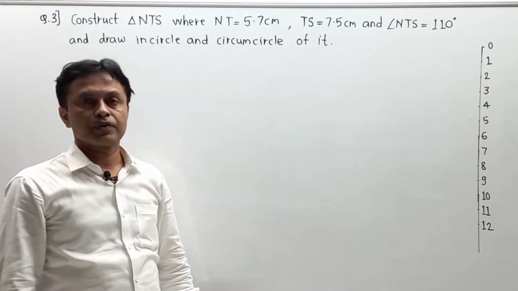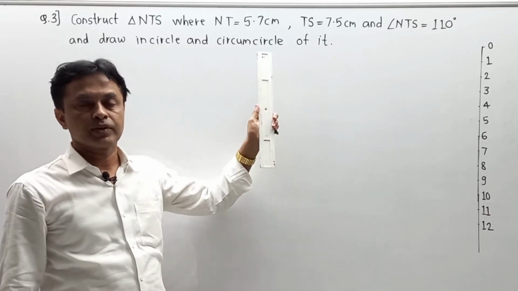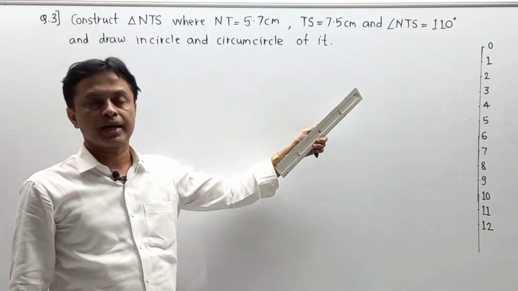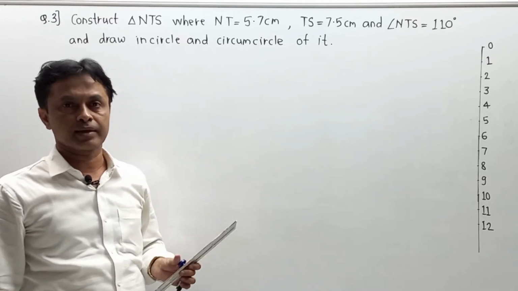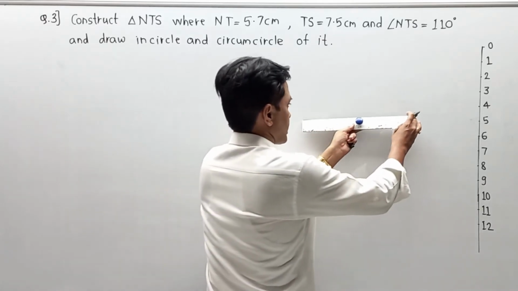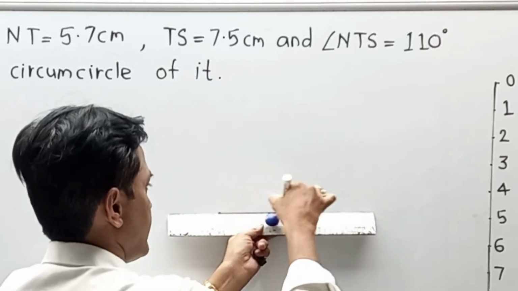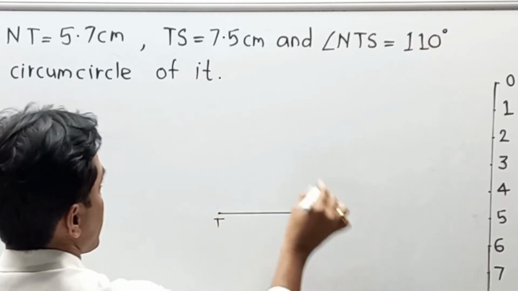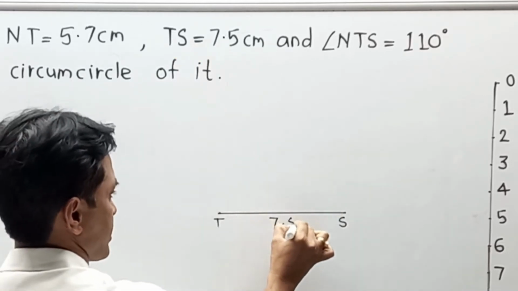Student, first of all, we are going to draw a rough diagram, and after the rough diagram, we are going for the main diagram. Here, as per the condition, let us say this is TS and it is 7.5 centimeter.